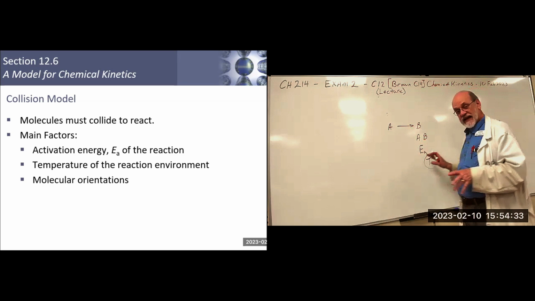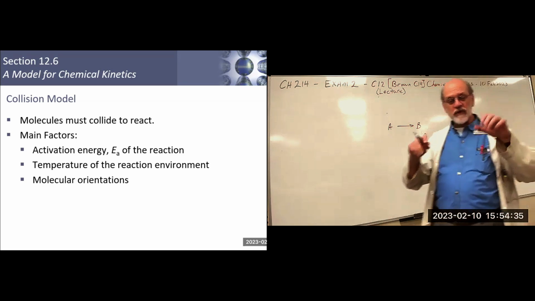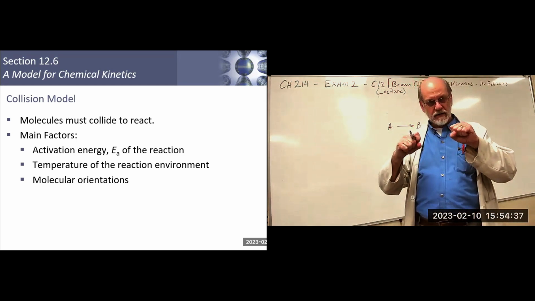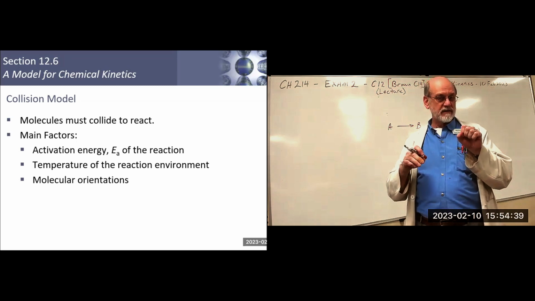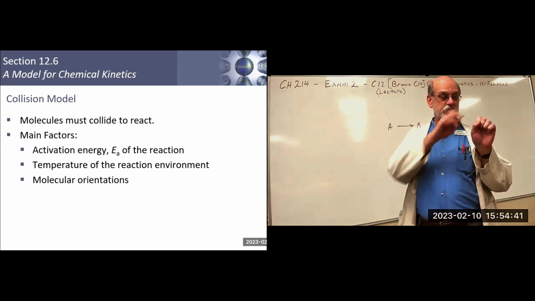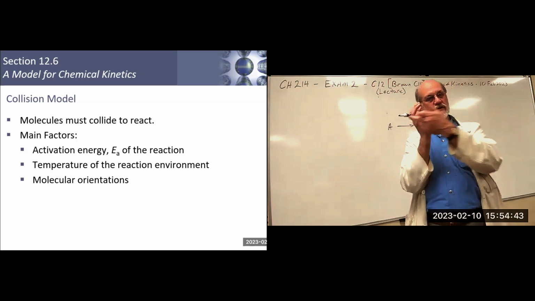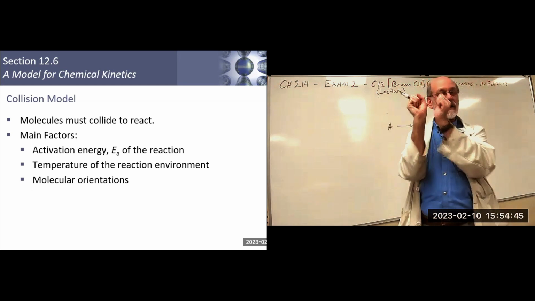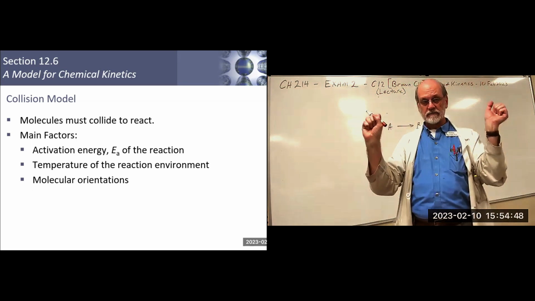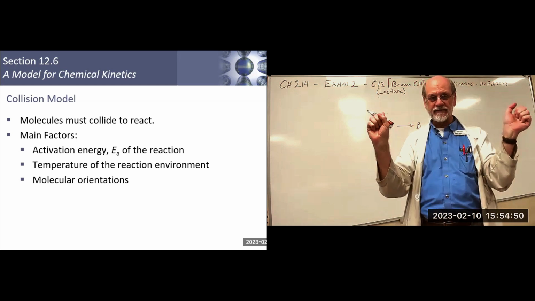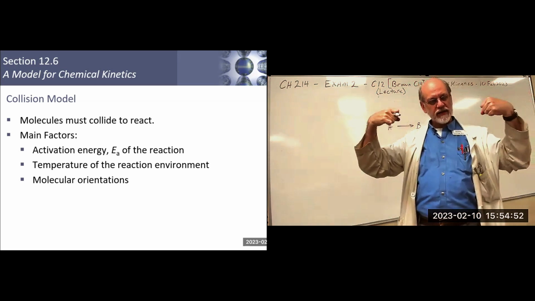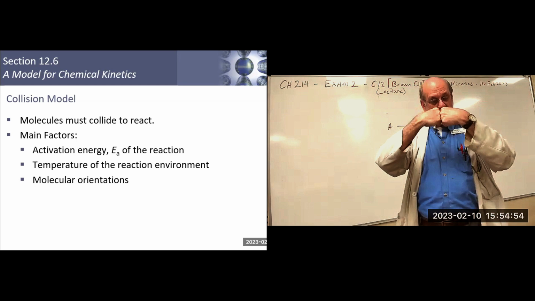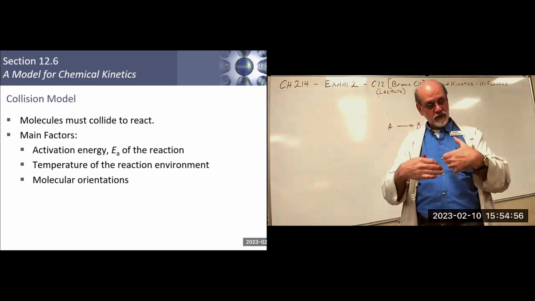And then the other thing that has to happen is the molecules must be oriented properly. Right? If the reaction site during the collision is on this side of the molecule here and on this side of the molecule here, and they come together like that, nothing will happen, no matter how much energy they have. So they have to be oriented correctly with enough energy to break bonds and form new ones.